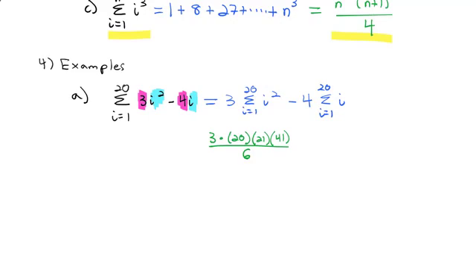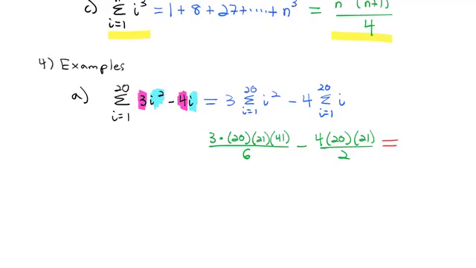And that's the first term. Minus 4, and now we have the sum of the i's. But we have our rule that says the sum of the i's is n times (n plus 1) divided by 2. So n, my top number, is 20, n plus 1 is 21, divided by 2.